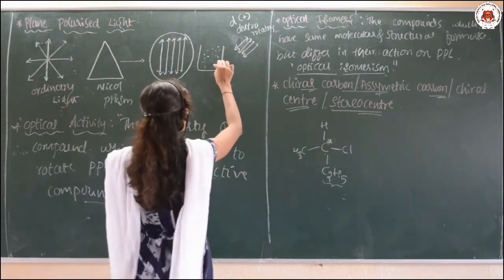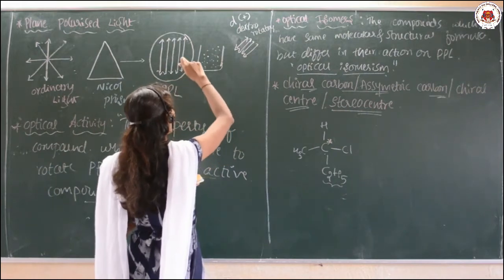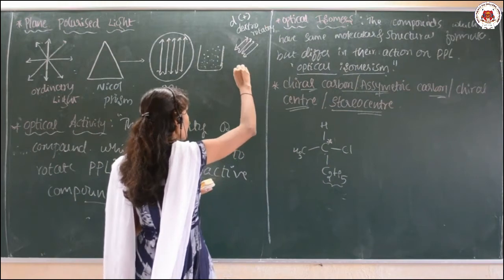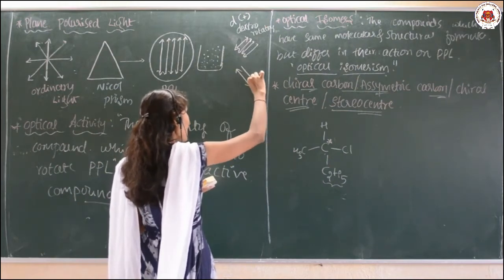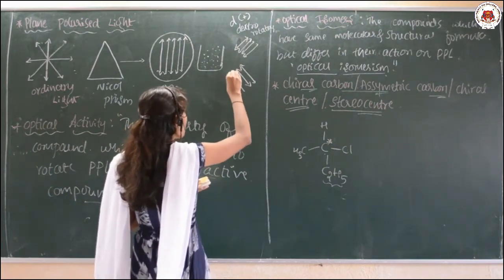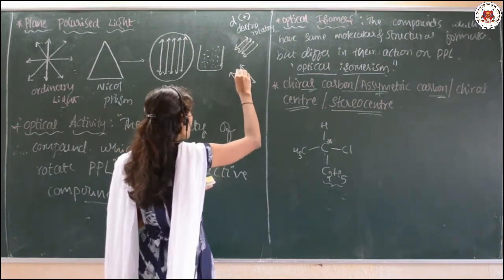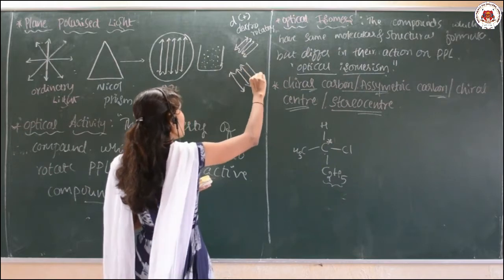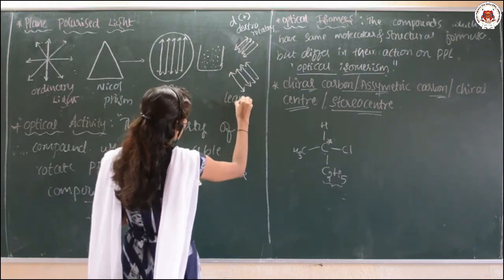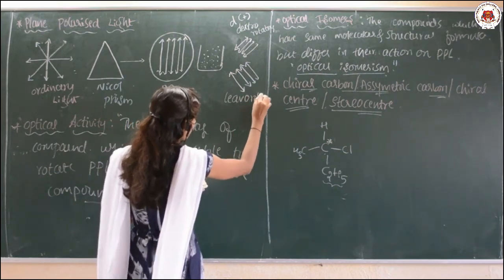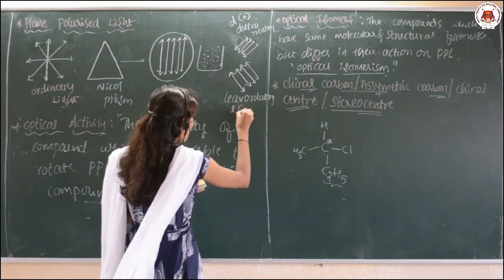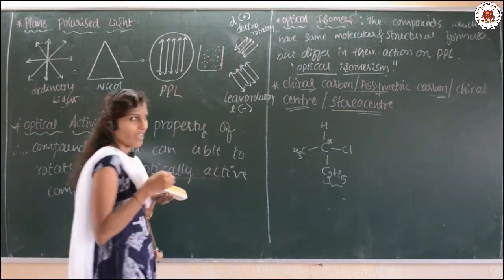Suppose this optically active compound rotates the plane polarized light towards the anti-clockwise direction, that is towards the left, like this. If it rotates the plane polarized light towards the left or anti-clockwise direction, that is what we call levorotatory, which is represented by small l with the negative sign.